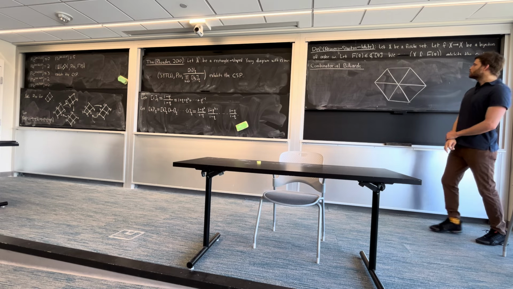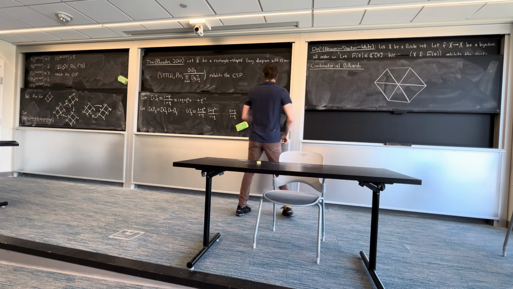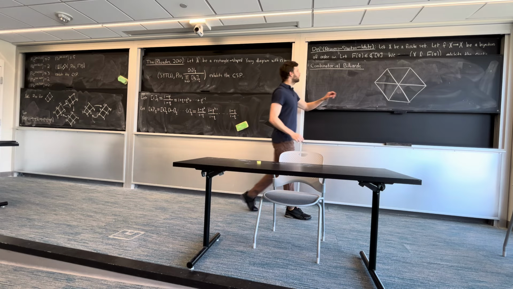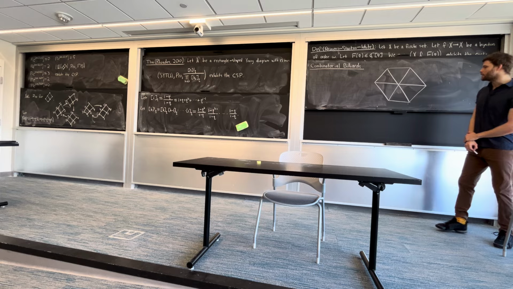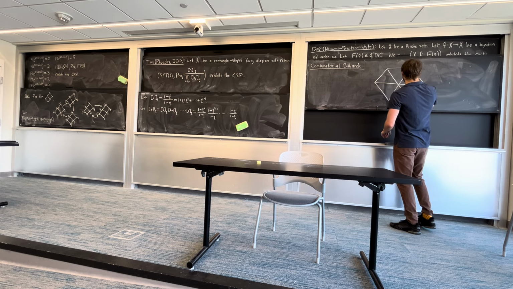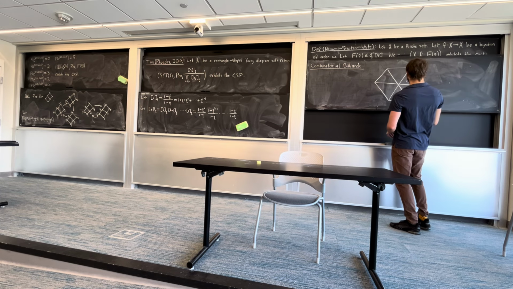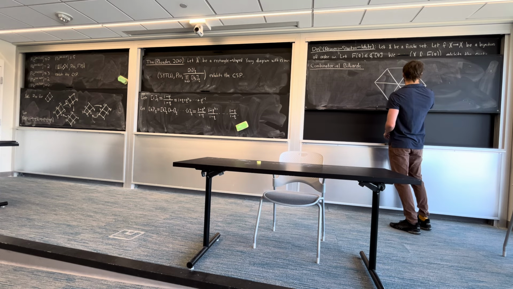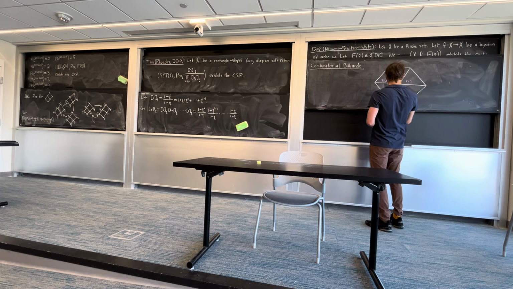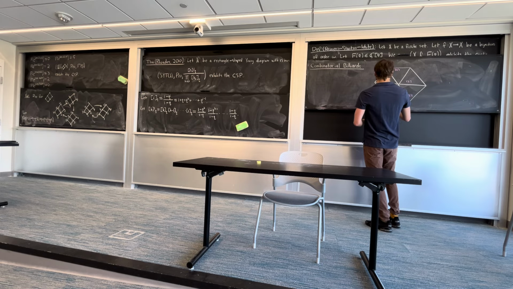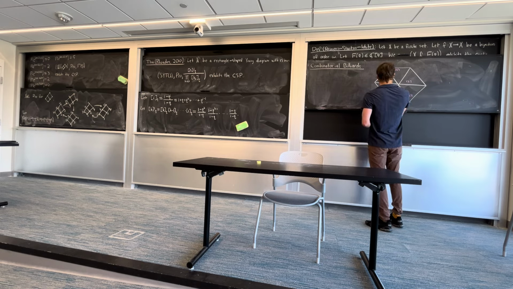Okay, so I have my hexagon, and there's a natural way of associating these 6 triangles with the 6 permutations in S3. So these are 1, 2, 3, and 2, 1, 3, 1, 3, 2, here 3, 1, 2, 2, 3, 1, and 3, 2, 1.